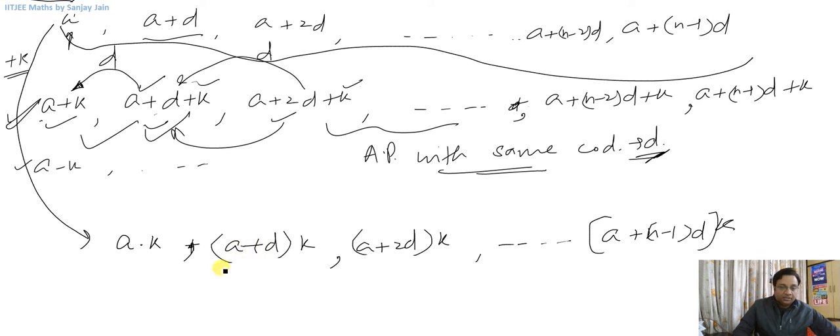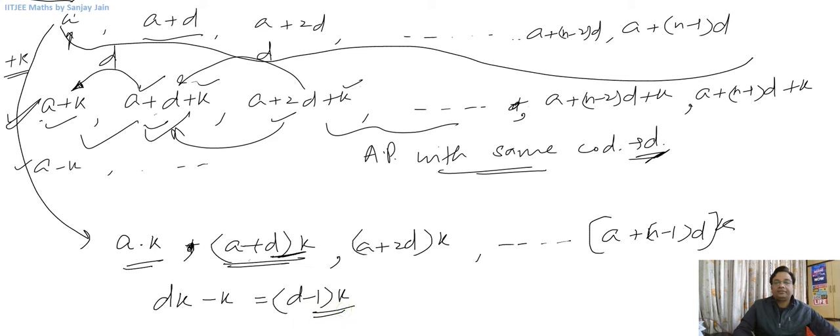Now look at the terms. If I subtract any term minus its previous term, A into K will get cancelled, and what about DK? I made a mistake here.